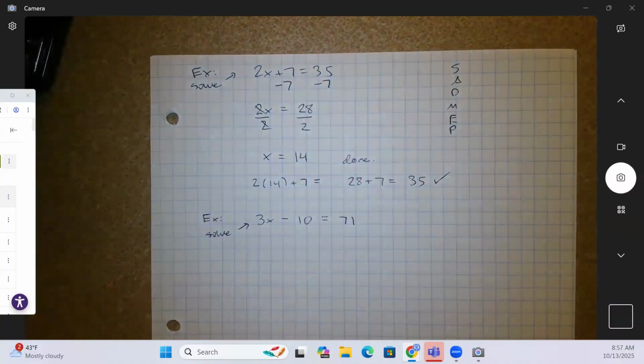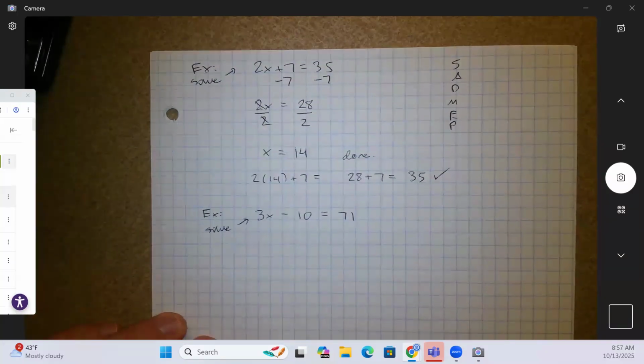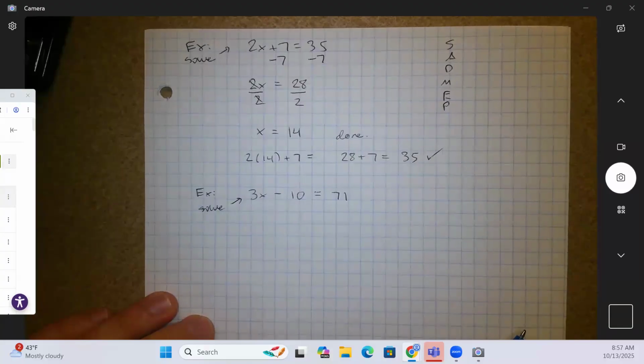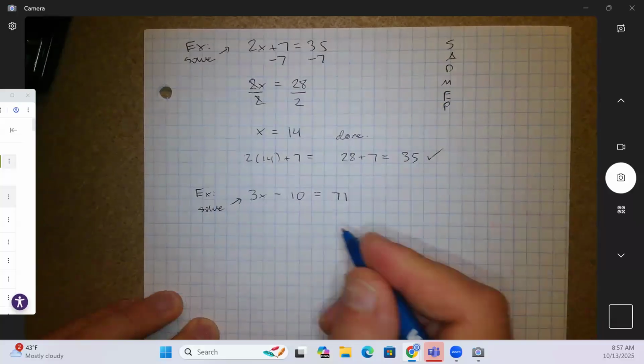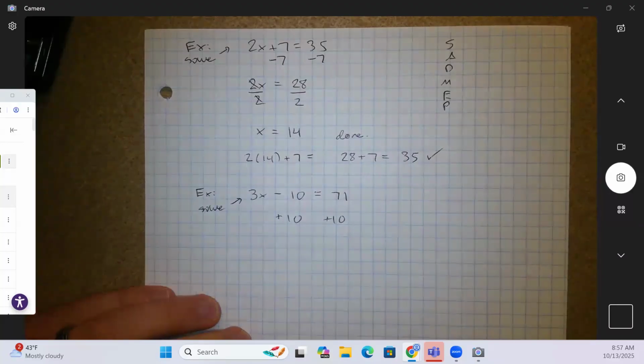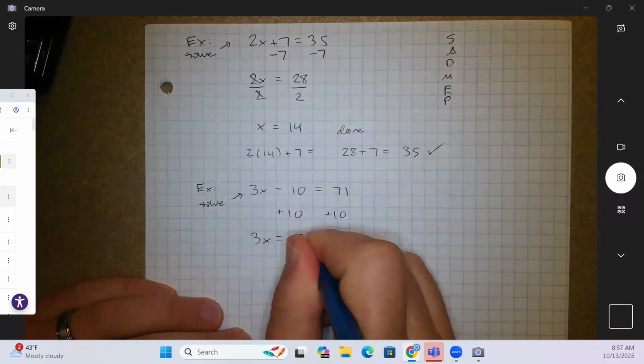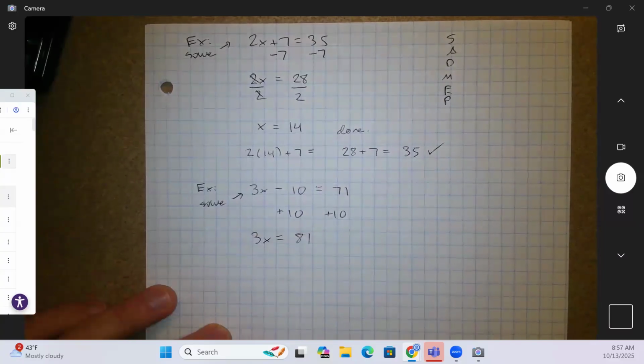Here we're solving them. We're trying to solve 3x minus 10 equals 71. So what operation do we undo first? Subtraction, because subtraction comes before multiplication. And we'll undo it by adding 10 to both sides. That gives us 3x on the left and 81 on the right, because 71 plus 10 is 81.